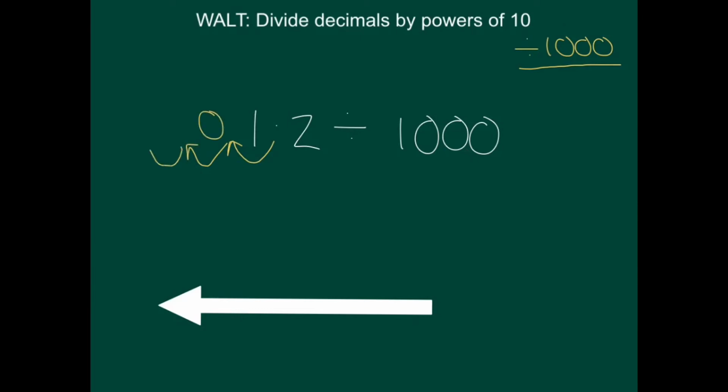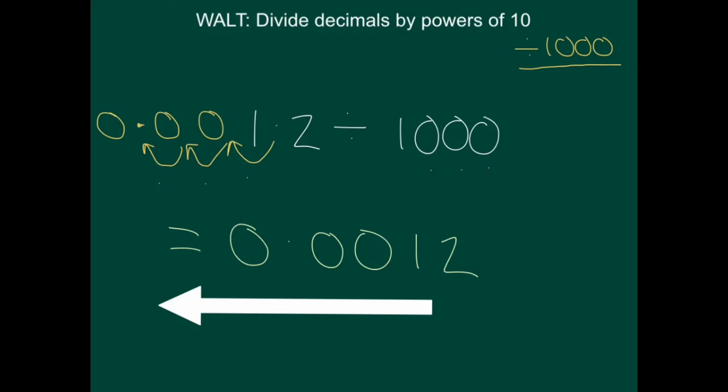And 3, put another placeholder in. So we've gone 1, 2, 3 for 1, 2, 3 zeros. So we can put our decimal place in, and our first placeholder on the other side of the decimal point. So our final answer will be 0.0012.